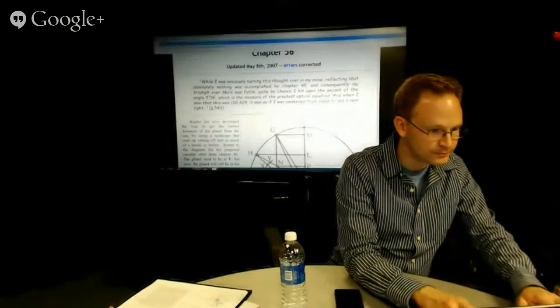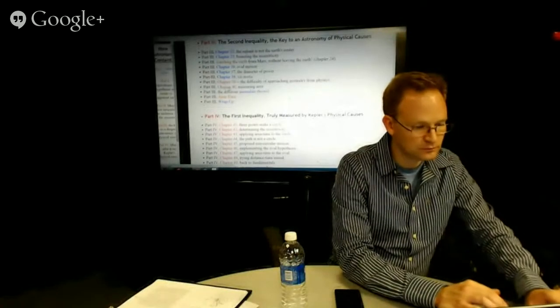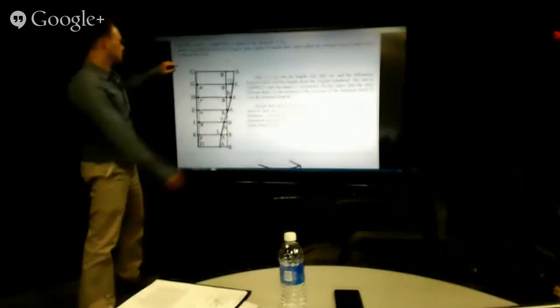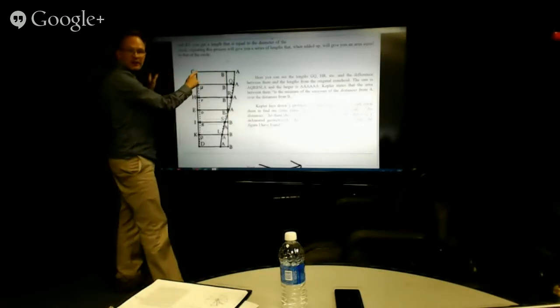There we go. So if you remember from chapter 40, Kepler was putting, this is the sun and this is some spot on the circumference of the circle.